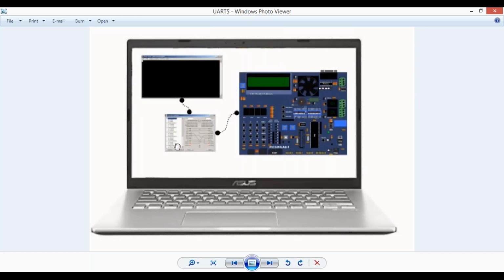It's a kind of virtual port which we are using to interact between these two applications. That's why we need to install this null modem emulator. Understood? Clear, everybody?